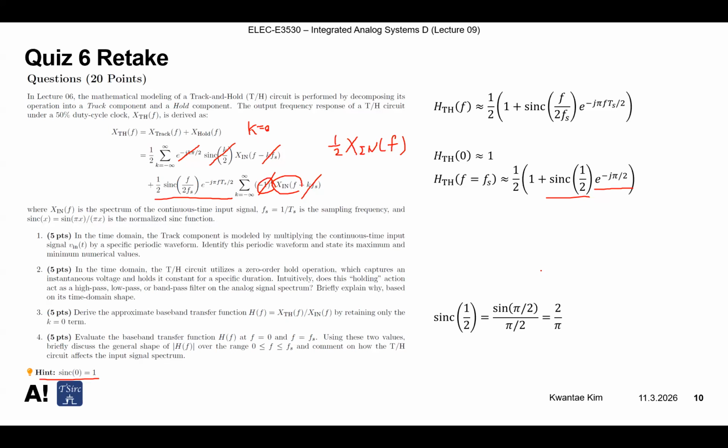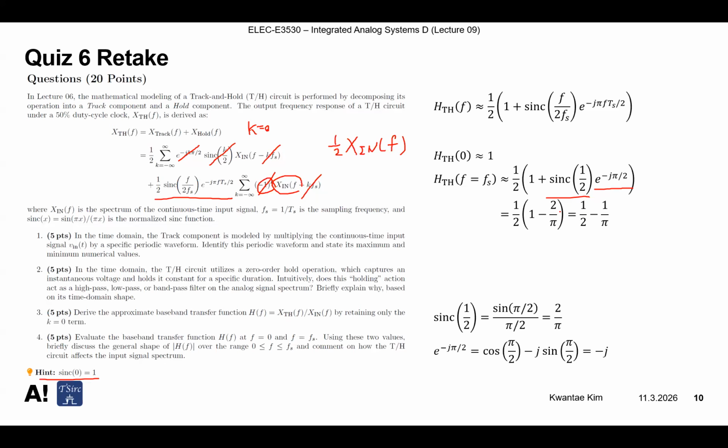So that goes to 2 over pi. And e to the power of j pi over 2 can be solved by applying Euler's relation, cosine theta plus j sine theta. Then cosine(pi/2) is 0, and sine(pi/2) is 1. That goes to minus j. So here, right?